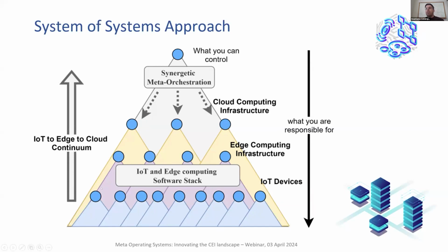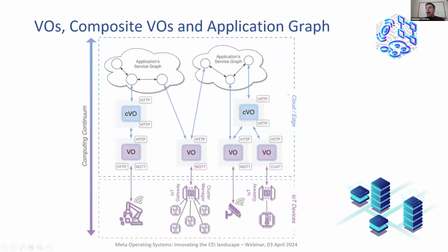And then we have an interplay of local and global decision making in the various layers, while a centralized entity like the synergetic meta-orchestrator has the overall responsibility for everything functioning in a good way during the operation of the applications. Under this perspective, we try to design and develop algorithms and mechanisms that inject intelligence and autonomicity in the various layers.